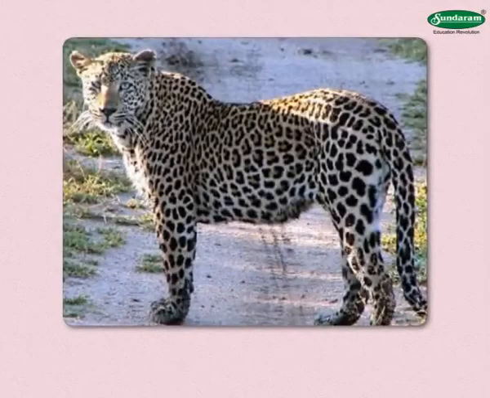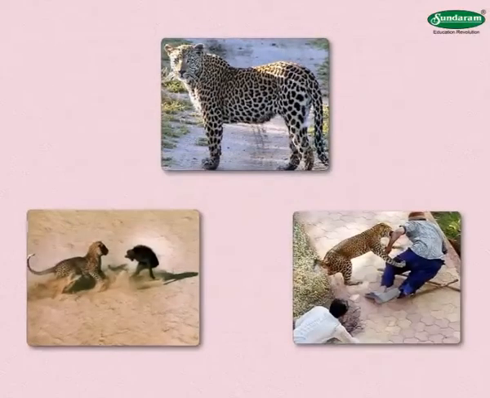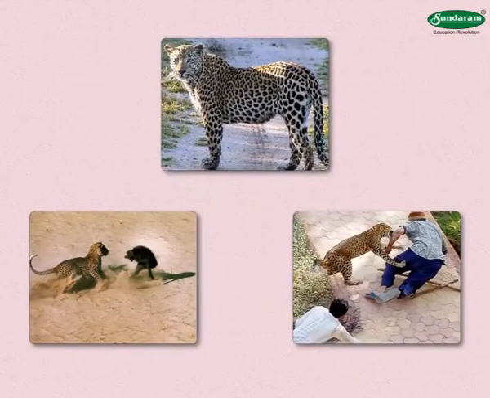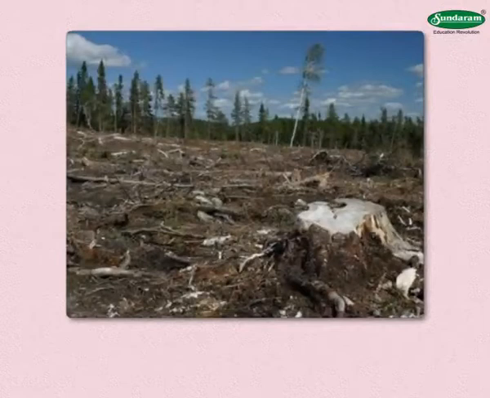In recent years, there have been incidents of a leopard having entered a village and killed a dog or a person. This did not happen as often previously. What is the reason for this? When forest areas decrease, such animals do not find proper shelter. Hence, they enter villages.